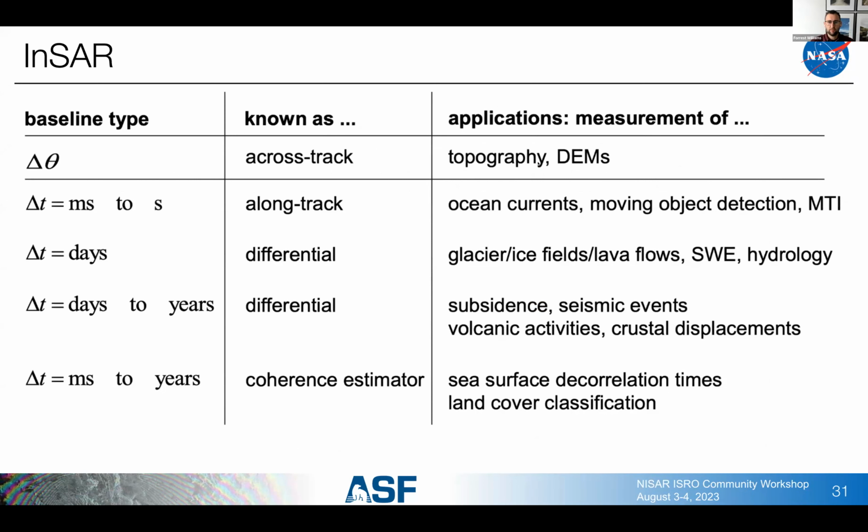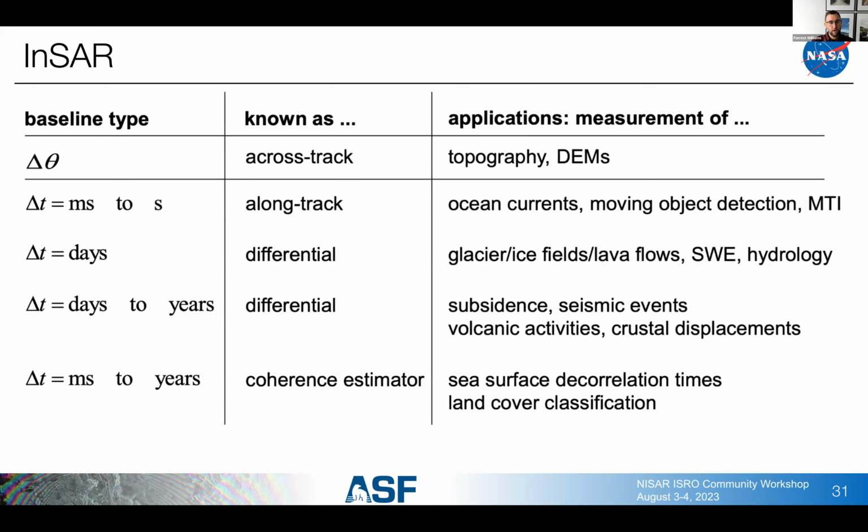And this is the type of analysis that is used to create digital elevation models. A notable mission that used this technique would have been the NASA Shuttle Radar Topography Mission, or SRTM. If you've also heard of TanDEM-X, which is run by the German space agency DLR, they also use this technique.